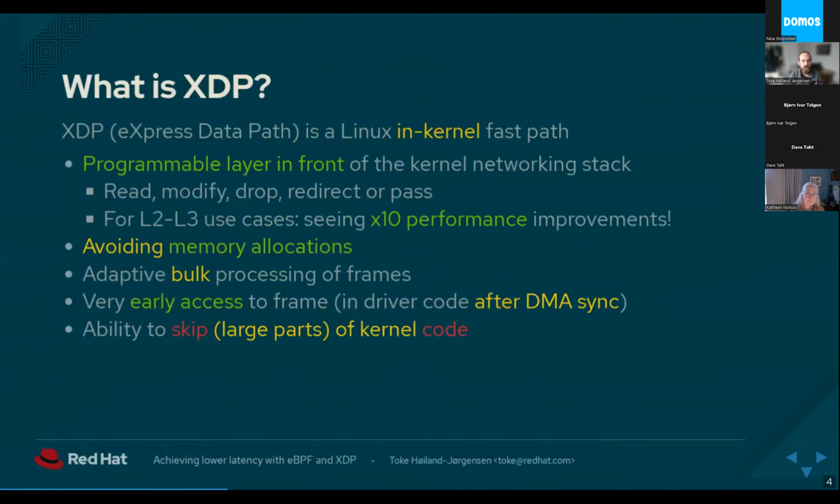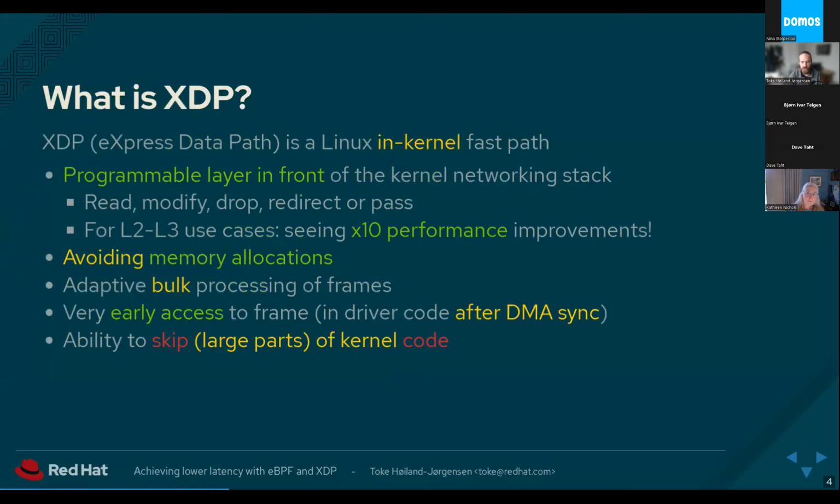So with this, one of the hooks that you can attach to in the networking space is called XDP, which is the Express Data Path. The X means it goes fast.